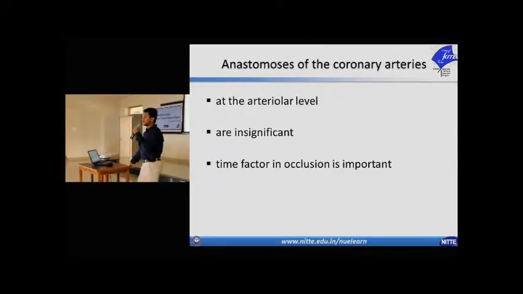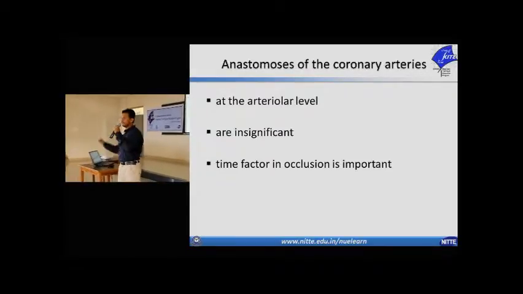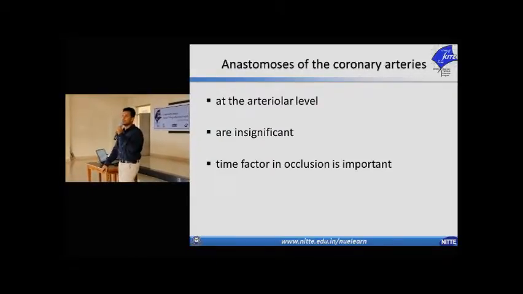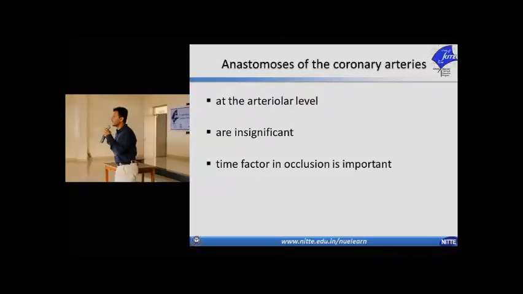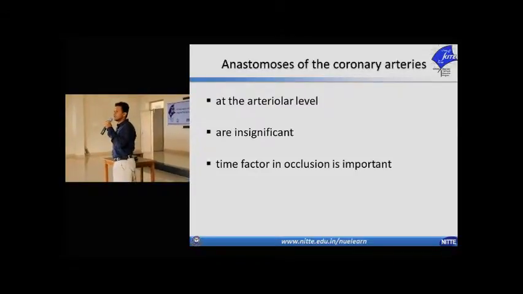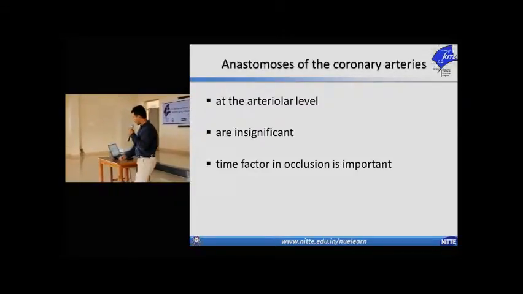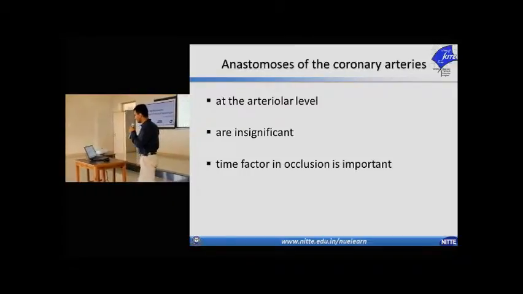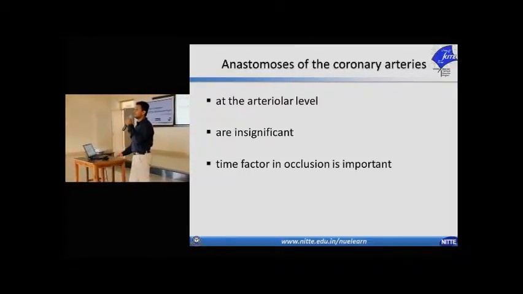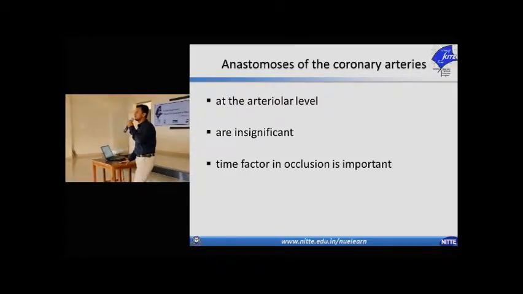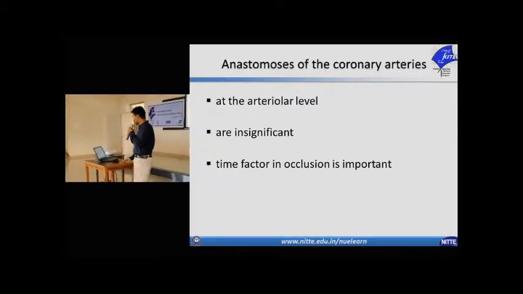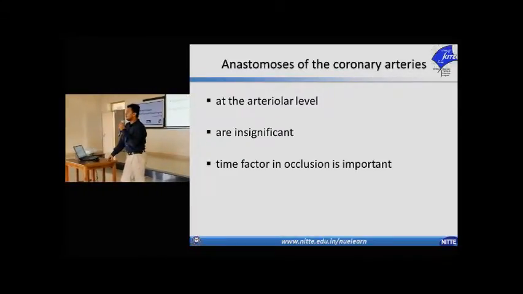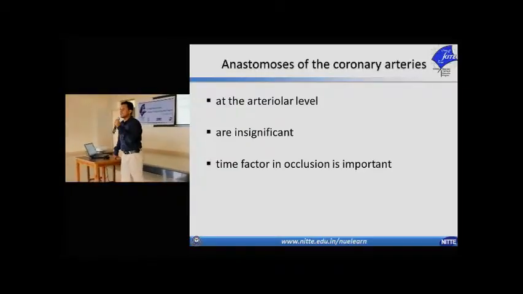So what about the anastomosis between the right and left coronary arteries? There are anastomoses between the right and left coronary arteries, but they are not functional. Functionally, they are very insignificant because they are not at the capillary level, they are at the arteriolar level. The most important thing is the time factor.